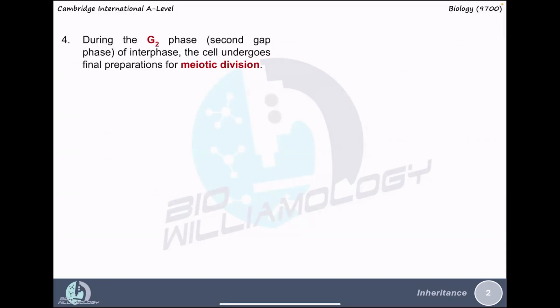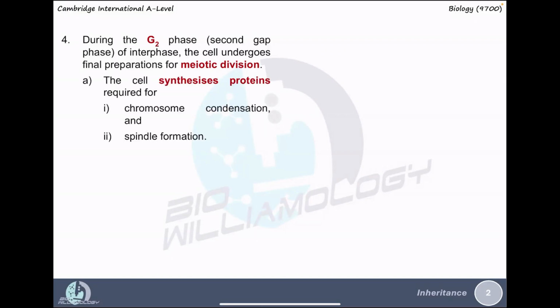During the G2 phase, also known as the second gap phase of interphase, the cell undergoes final preparation for meiotic division. The cell synthesizes proteins required for chromosome condensation as well as spindle formation.